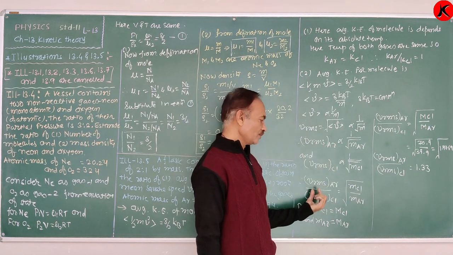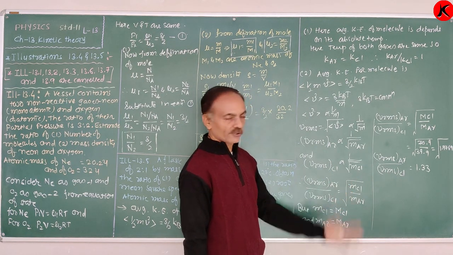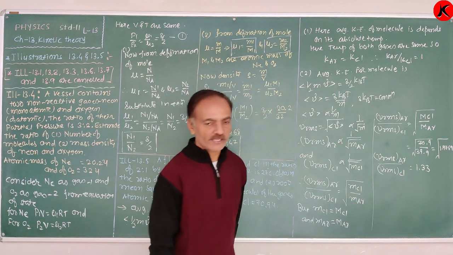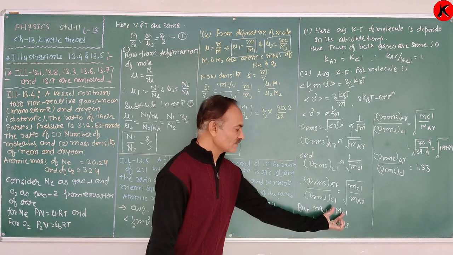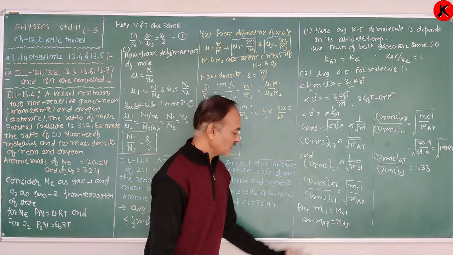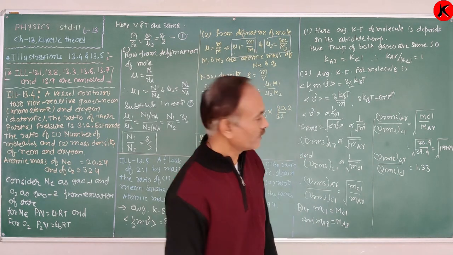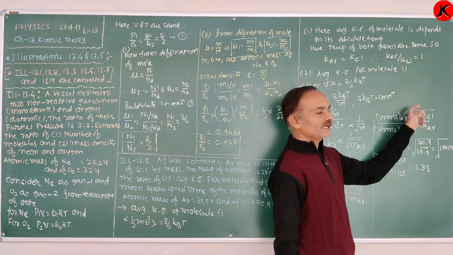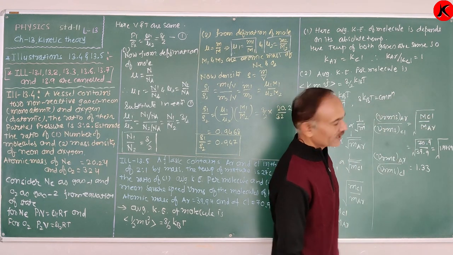Therefore, taking the ratio, VRMS of argon to the VRMS of chlorine is equal to under root of mass of chlorine molecule to the mass of argon molecule. But here we can consider the mass of the chlorine molecule as its molecular mass, and mass of the argon molecule is the atomic mass of argon.